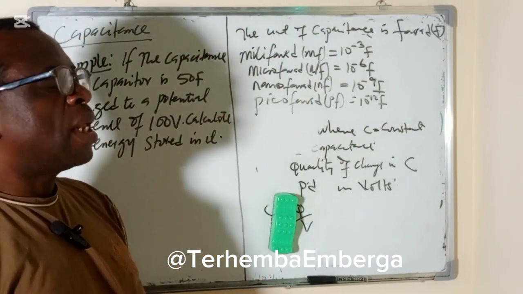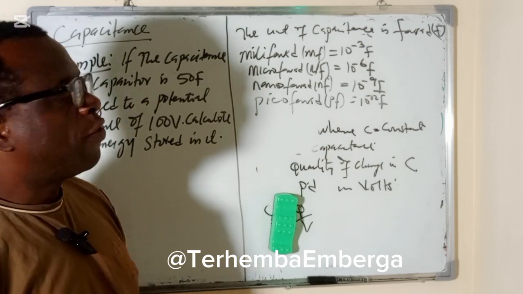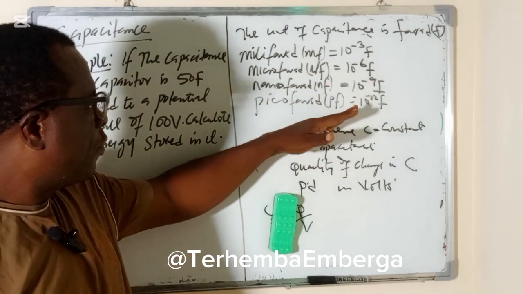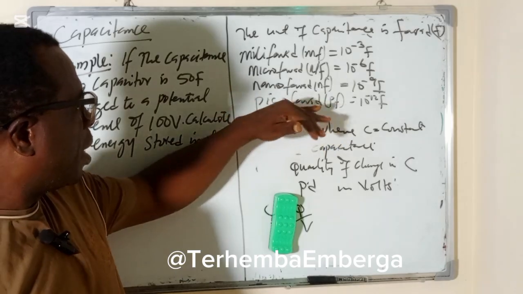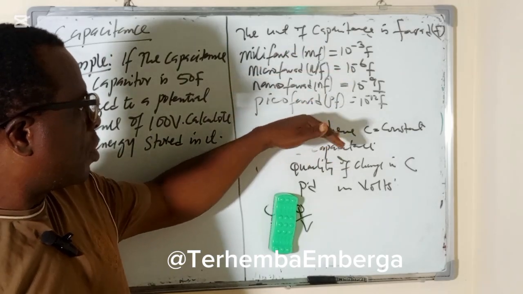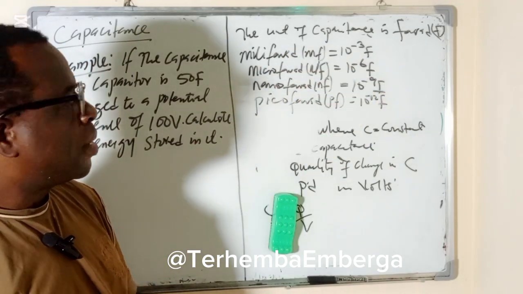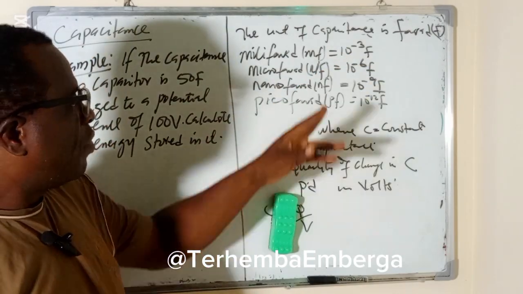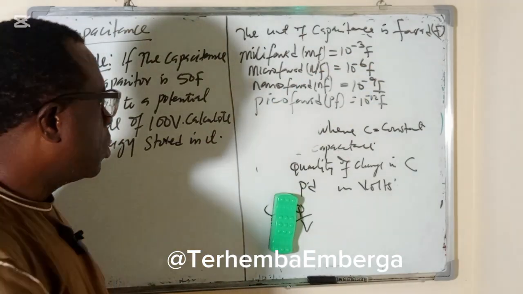So all these things are the units of capacitance. But if you are given in any of this unit mentioned, you can always convert to farad, since we have known the relationship.